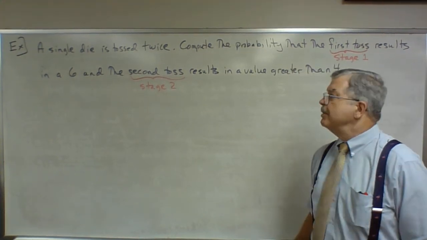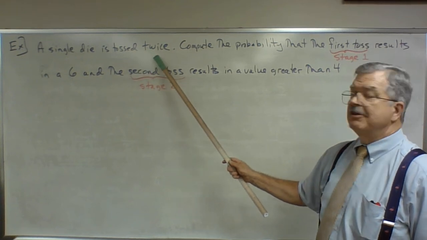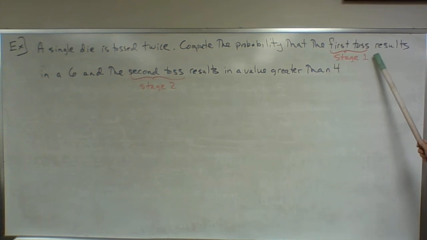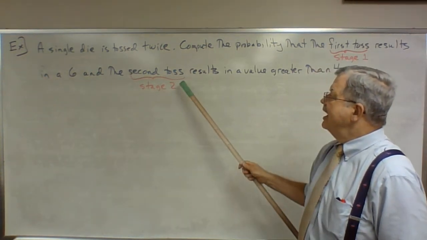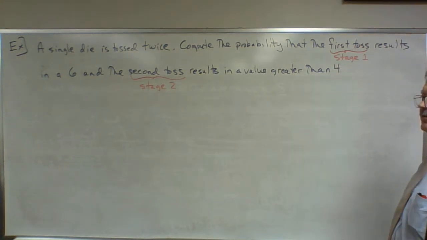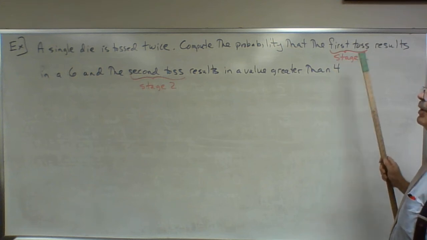Another dice problem. We're taking a single die and we're tossing it twice. Compute the probability that the first toss results in a 6 and the second toss results in a value greater than 4. The first toss, that's stage 1 of the experiment.